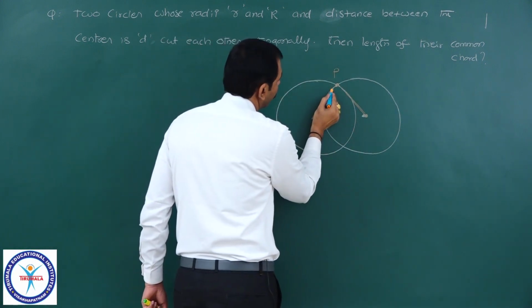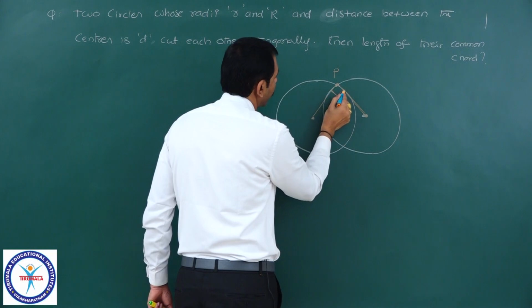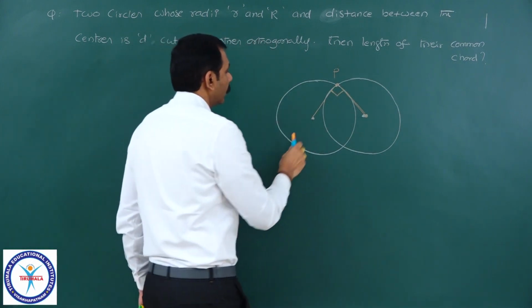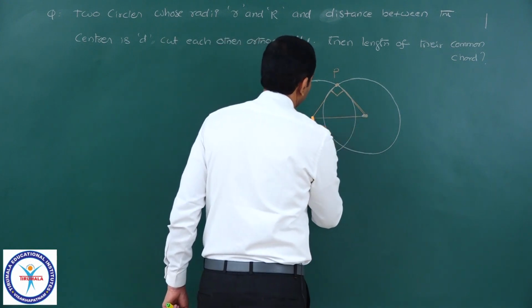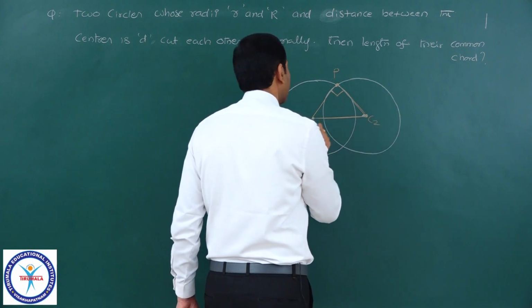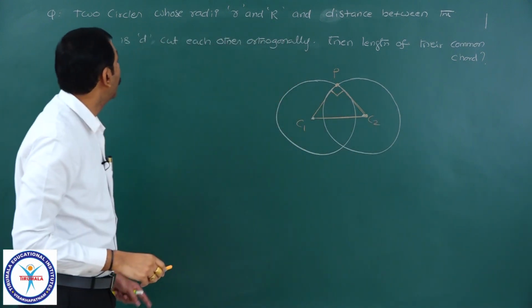And now the angle between them is equal to 90 degrees, as given, because these are tangent and radius only. And these are C1 and C2, I will take, the centers of these two circles. And now what is given?